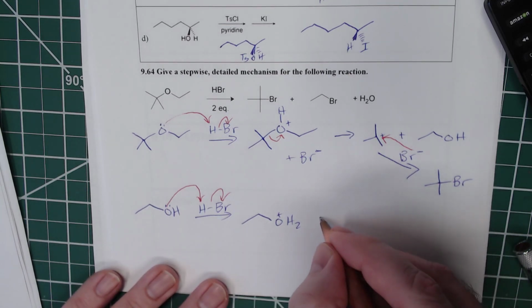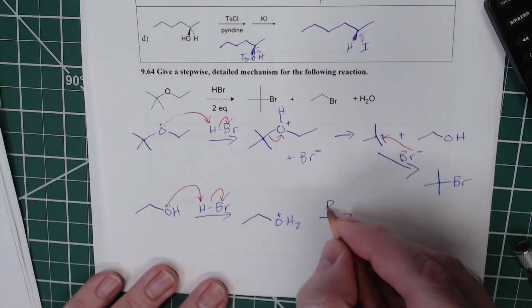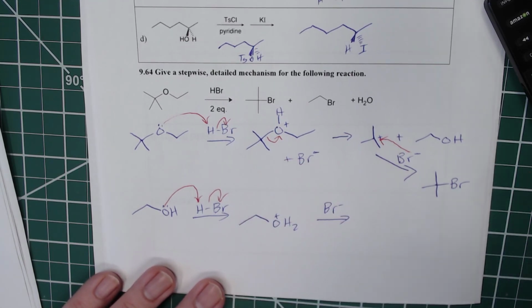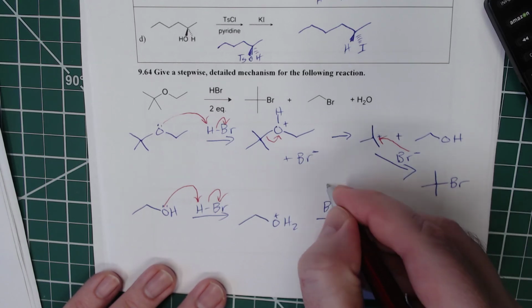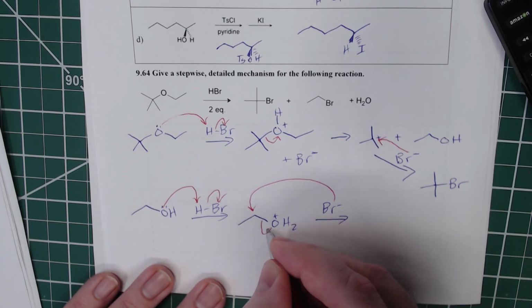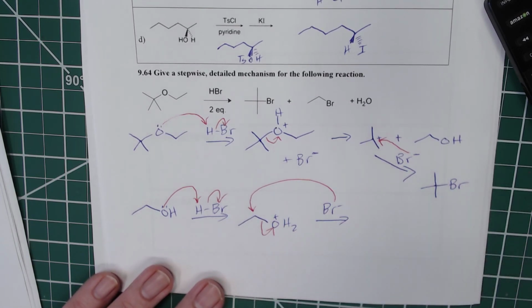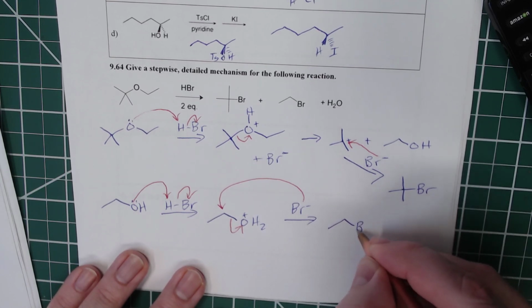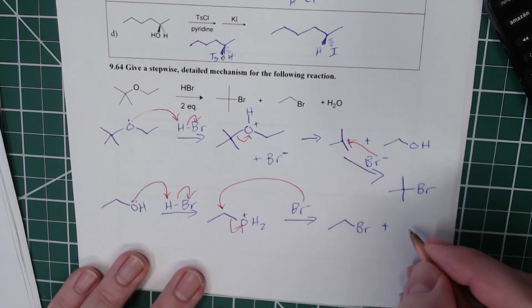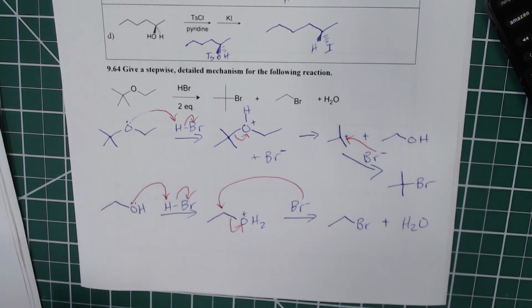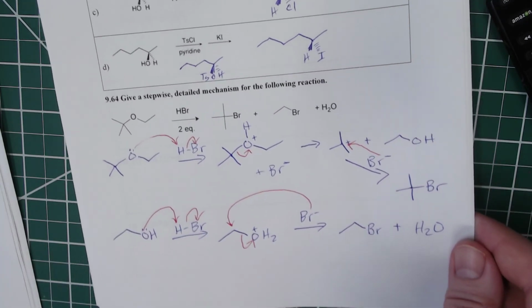So instead, we're going to take the bromide that we just formed, and do a simultaneous reaction between that bromide and the carbon. So we'll make a new bond between carbon and bromine and break the bond between carbon and oxygen. And then that's going to give us the bromoethane plus H2O. And that is our detailed mechanism of this reaction.